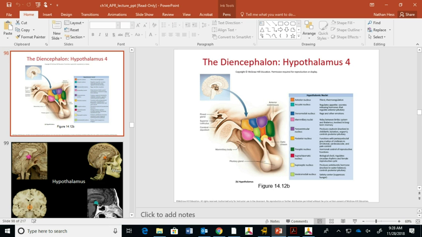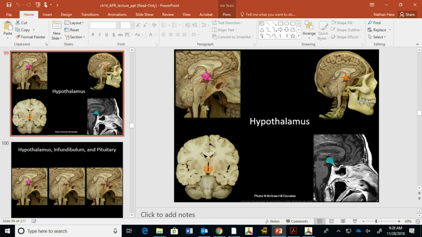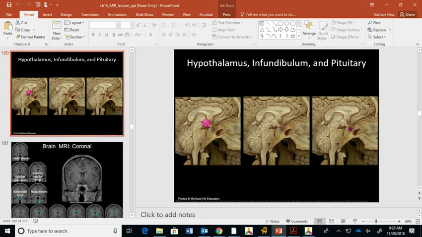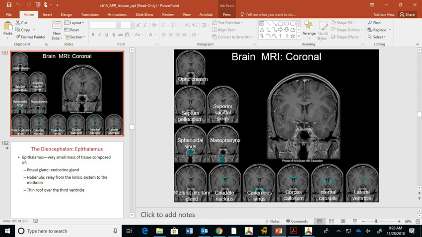Again, that master gland for the endocrine system. So the hypothalamus is right there to influence that pituitary gland. Hypothalamus pictures on the cadavers. Our MRI pieces showing the different places there.